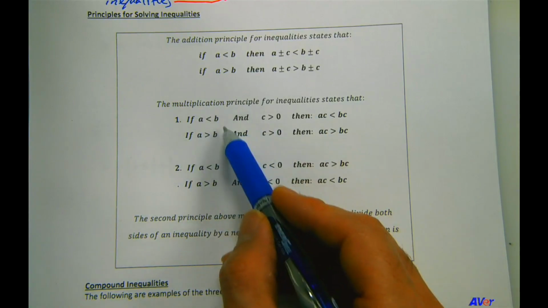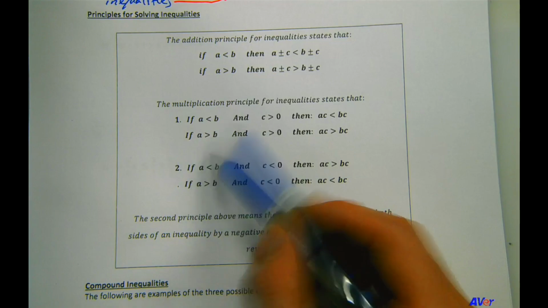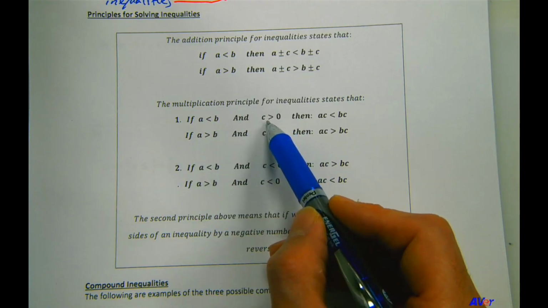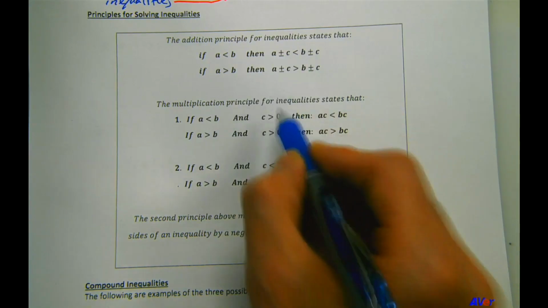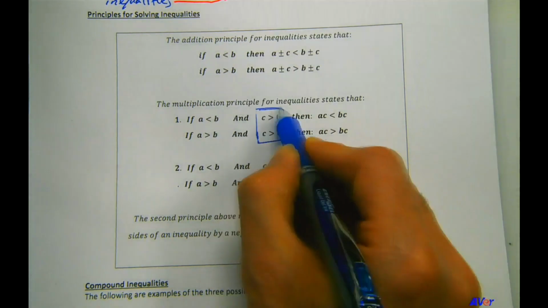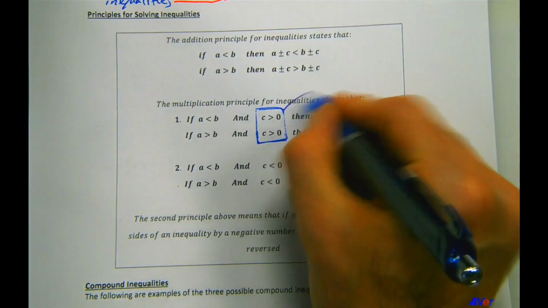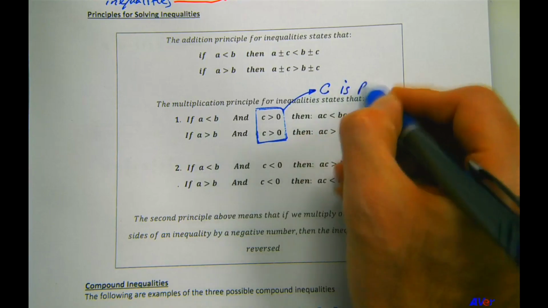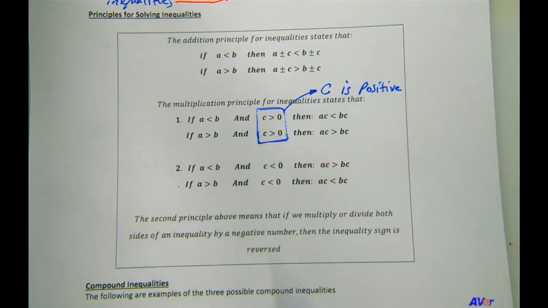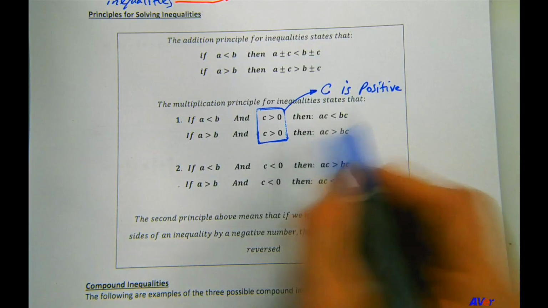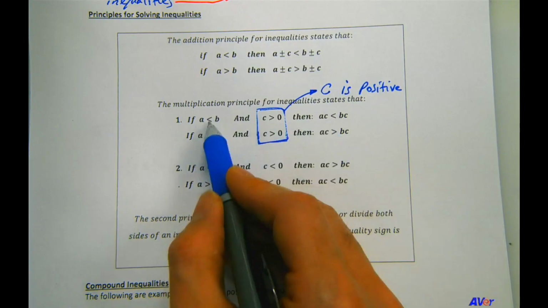It says that if you have an inequality of either kind, A less than B or A greater than B, and C is a positive constant, so C greater than 0, which is just the mathematical way of saying that C is a positive value, then when we multiply both sides by a positive constant, the inequality is preserved.